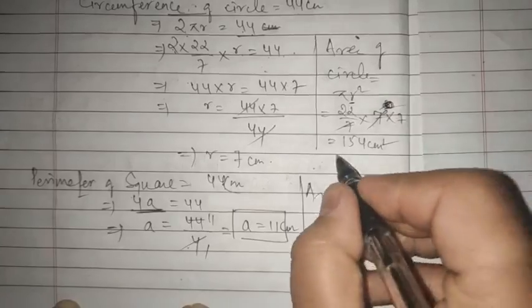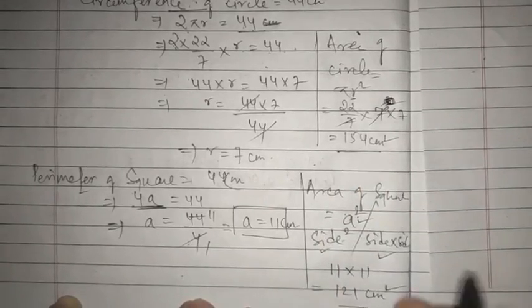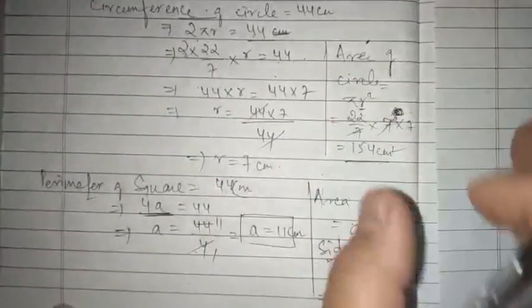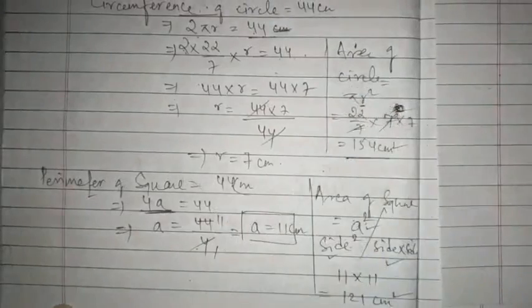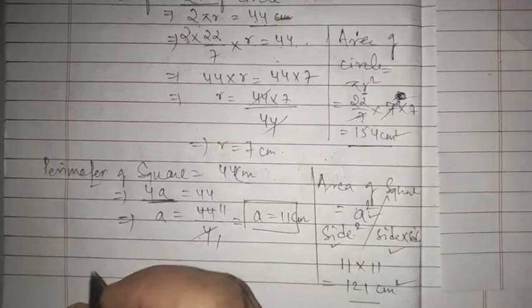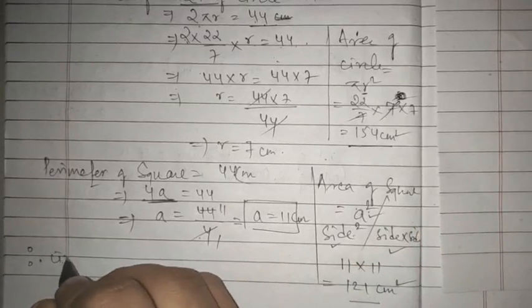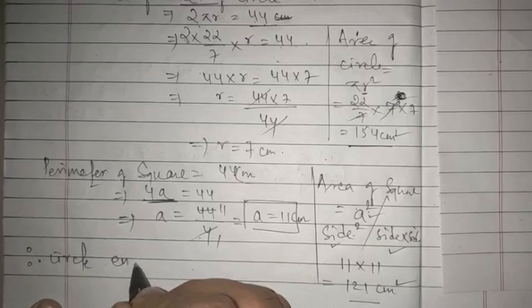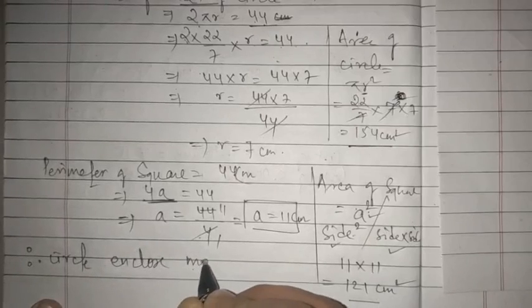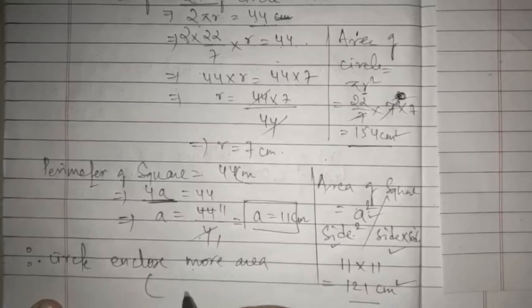Now you can easily identify which figure is enclosing more area. Of course, the area of the circle is more here. So you can write that, therefore, the circle encloses more area, which is 154 centimeter square.